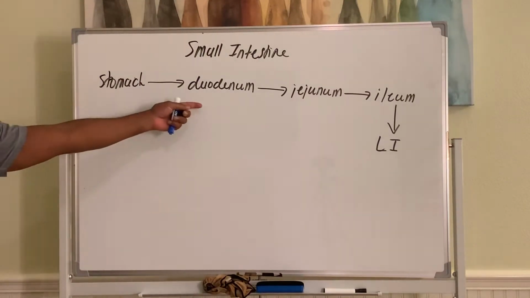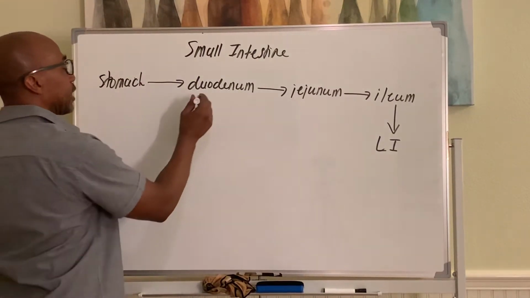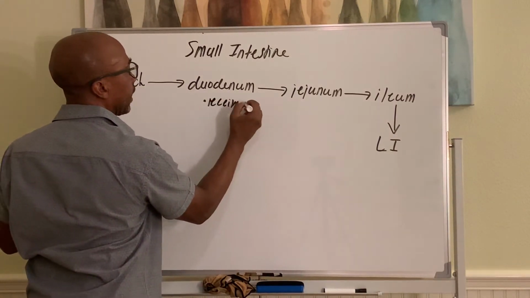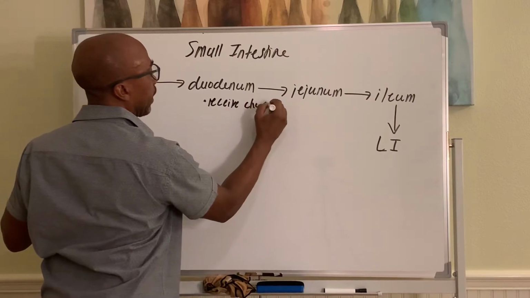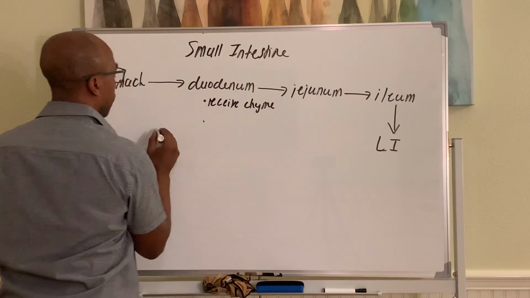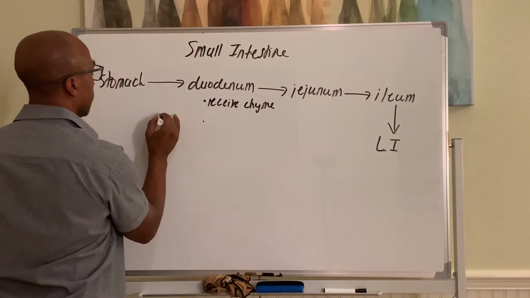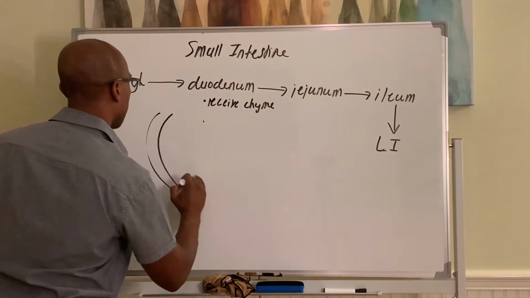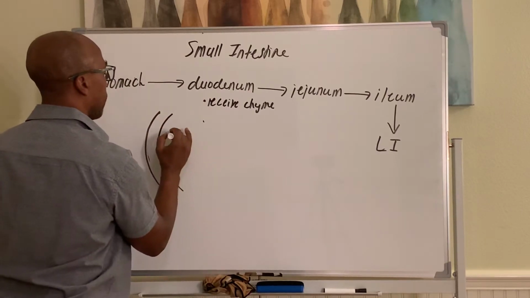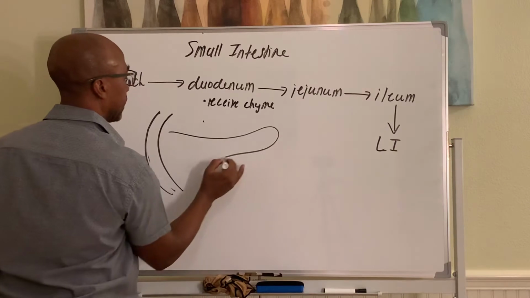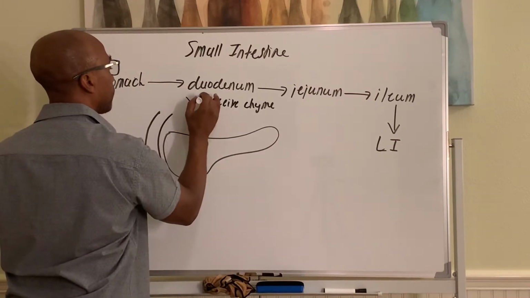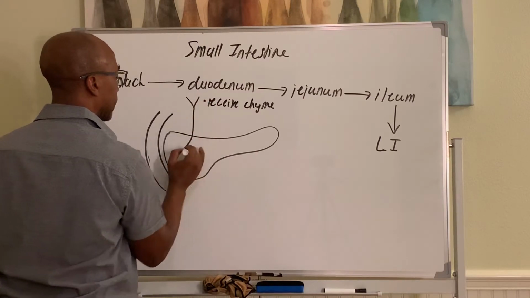So here in the duodenum, we want to point out that this is the area where you receive chyme from the stomach. If you recall, this is your duodenum, like this. And then you had your pancreas, like so. Then you also had your bile from the liver coming down as well, like this.